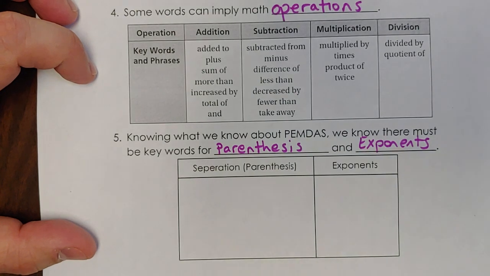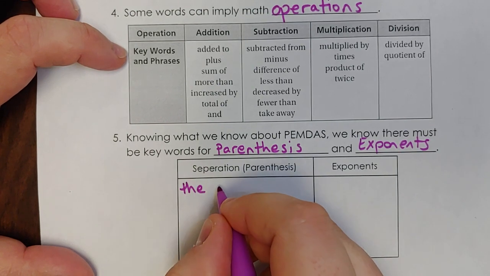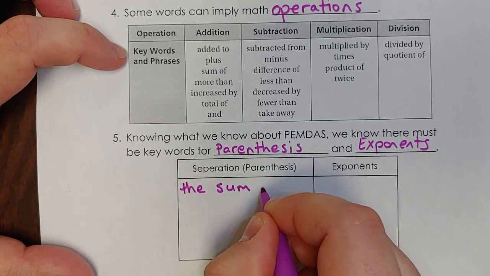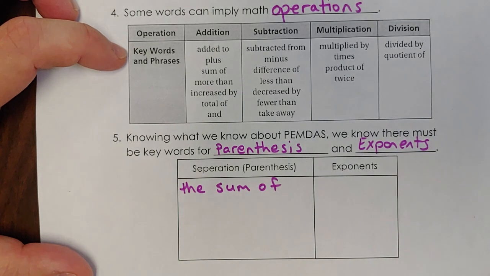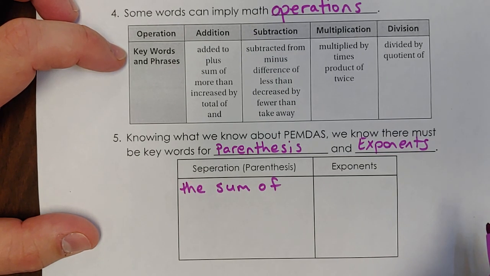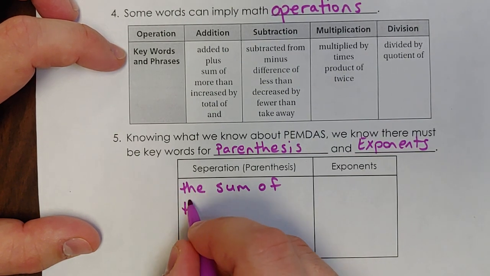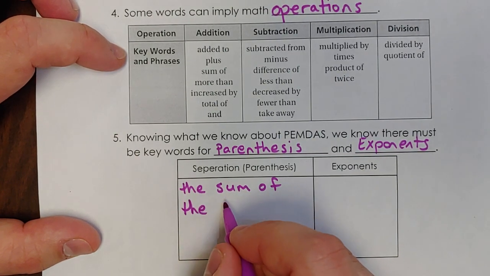So, some words that can mean parentheses are the sum of. What would we do for the sum of? What operation? Add. Yeah. The sum of, that's right. The difference of.